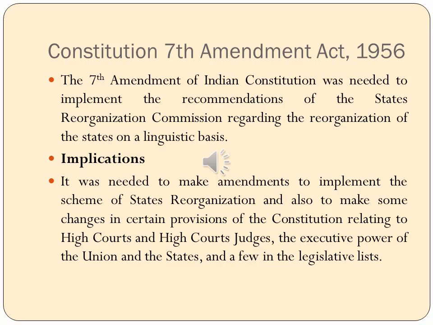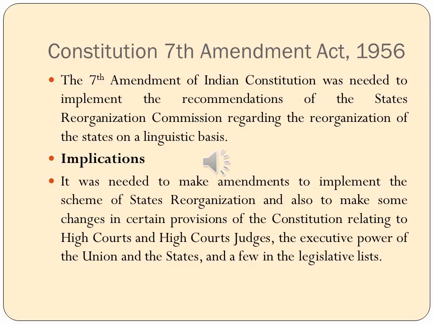It had major implications, so it was needed to make amendments to implement the schemes of the state reorganization and also to make some changes in certain provisions of the Constitution relating to high courts and high court judges and the executive power of the union and the states. So this was done in the 7th Amendment Act of 1956.